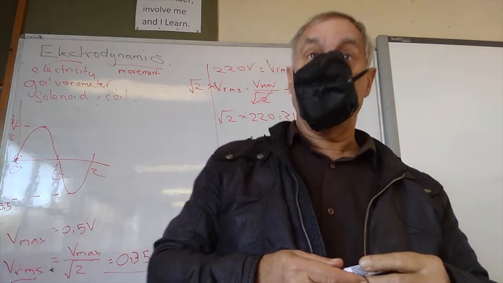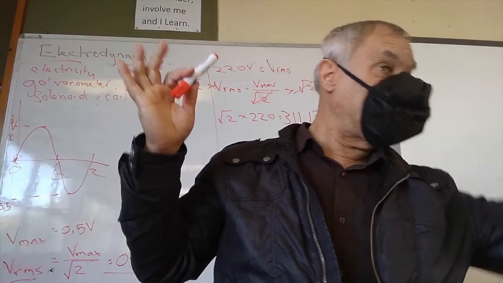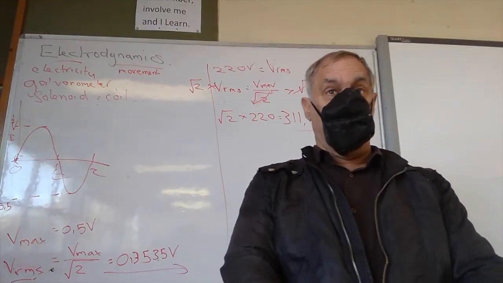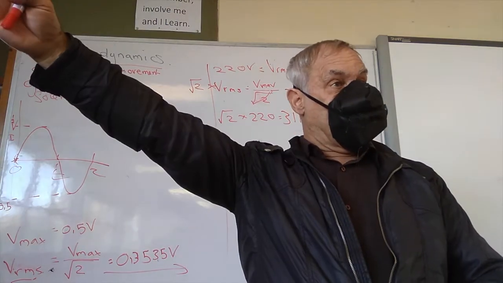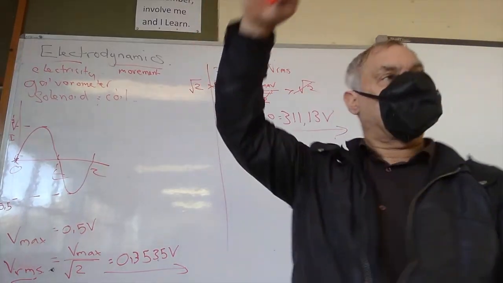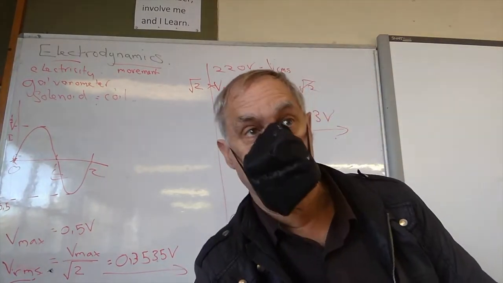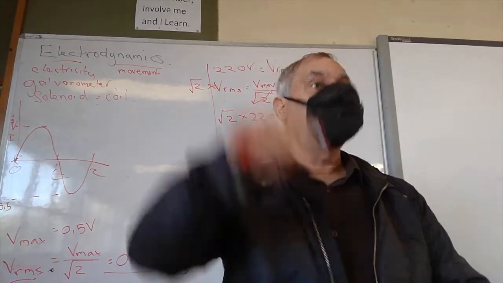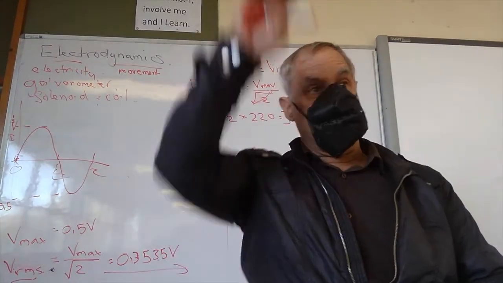So you've learned something. So what's the maximum that comes out of our plugs? 311, and then it drops to naught, then it's minus 311. Then back to naught, positive. It's changing all the time.